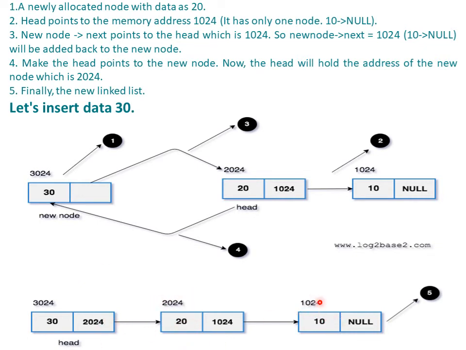Finally, the new list, you can see here. 30 is the value of the head node, and the next contains the address of 20, and 20 is the value of the next node, and its next contains the address of 10, and 10 contains null, which indicates that it is the end of the linked list.